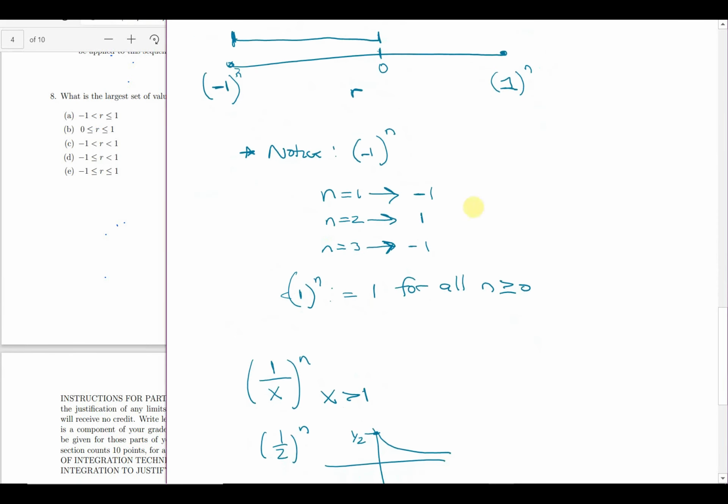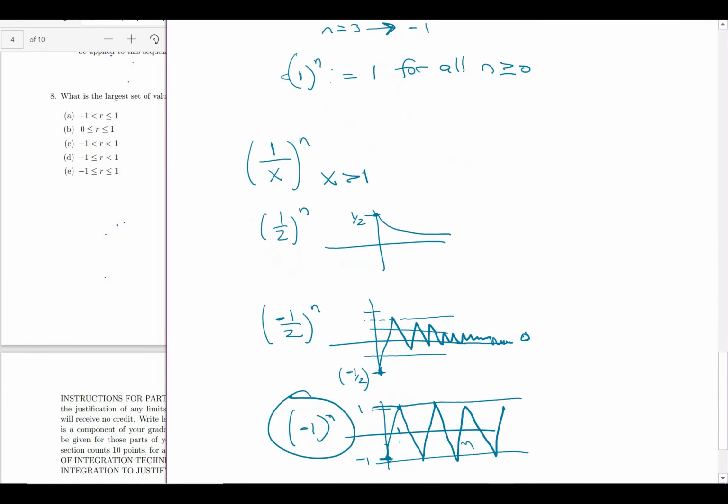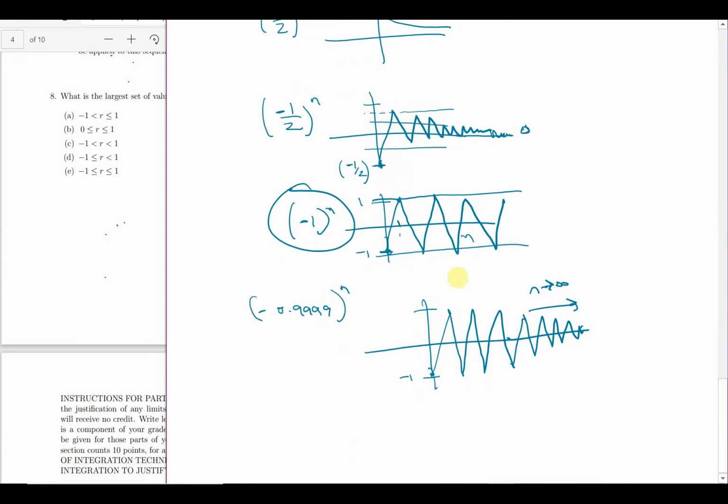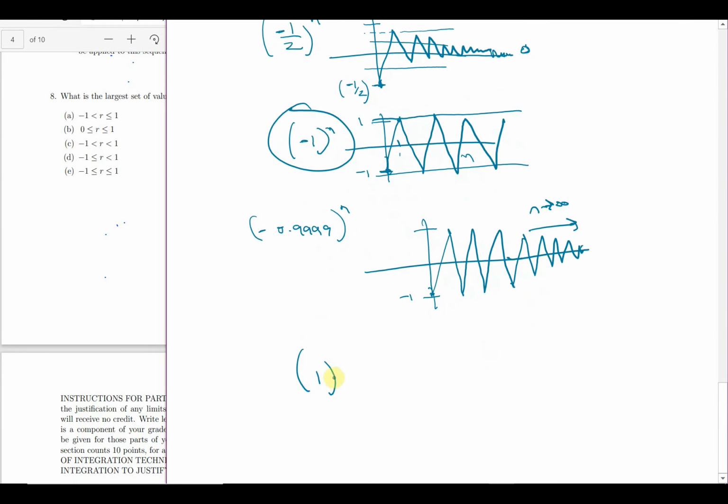And then of course, if you take 1 to the n, now we're taking positive 1 to the n. Well, it's just always 1 for all n. It's just a flat line.